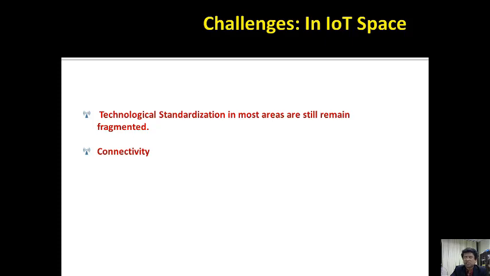So a lot of work needs to be done in better connectivity, and power management, powering those sensors, is also a big issue. And security, to some extent, is just like the security of web-based systems, but it is different because the underlying protocols will be different.